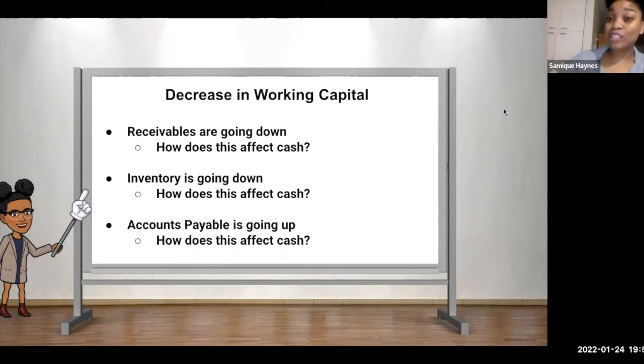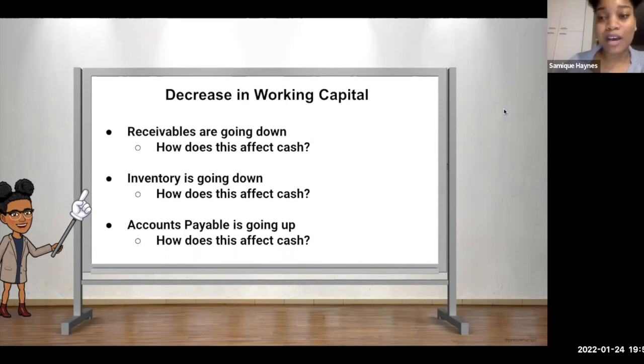So are we going to add that to our cash flow statement number, or take it away? Add, a decrease in receivables. Good. Now, if our receivables start going up, what are we going to do to that net income plus depreciation figure in our operating activity section? We're going to subtract it, exactly.